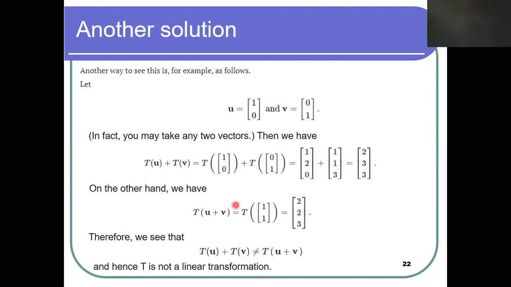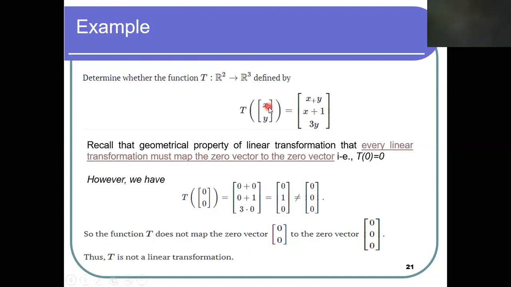Here is another example to see whether this qualifies for the linear transformation property or not. I take the standard basis of R2 from the domain, (1, 0) and (0, 1), and apply T(u) plus T(v).